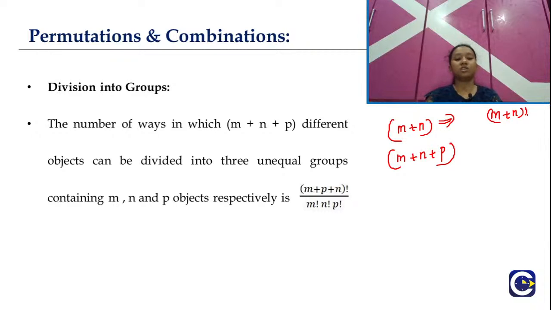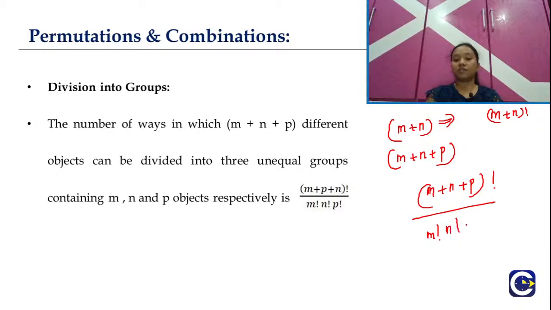Whereas now we have 3 different groups, so we will be dividing into 3 different unequal groups. As it's 3, it will be m plus n plus p factorial by m factorial into n factorial into p factorial. The same thing, but in our previous case it is 2, and now it is 3.